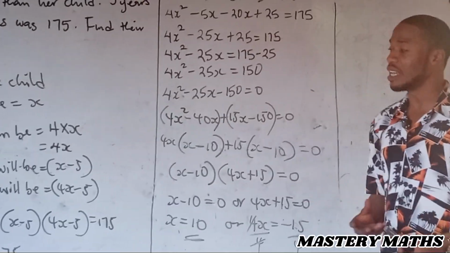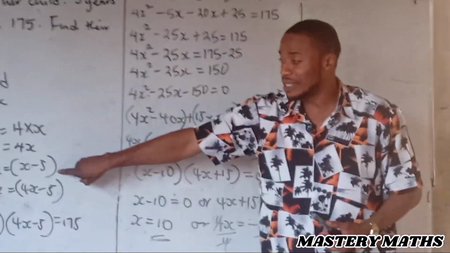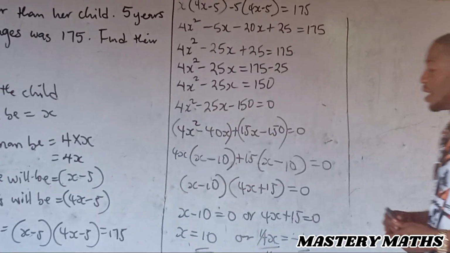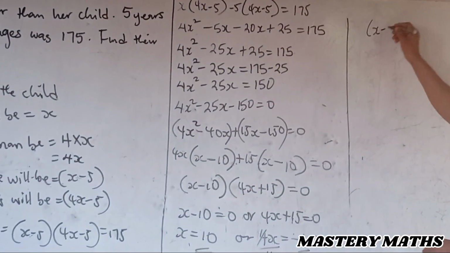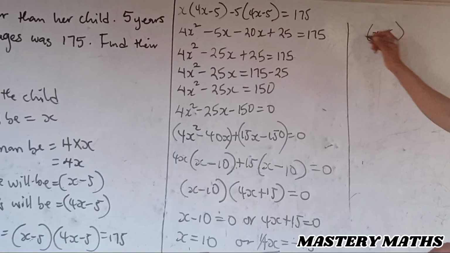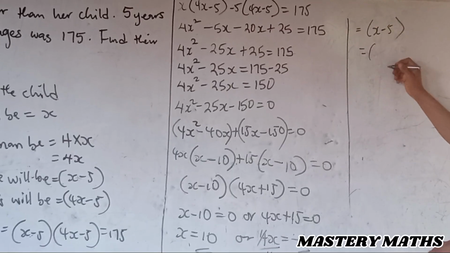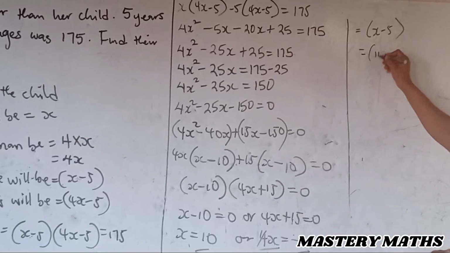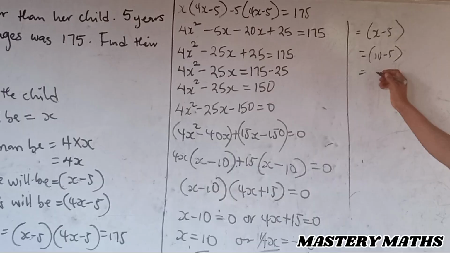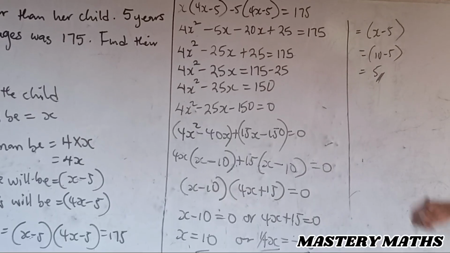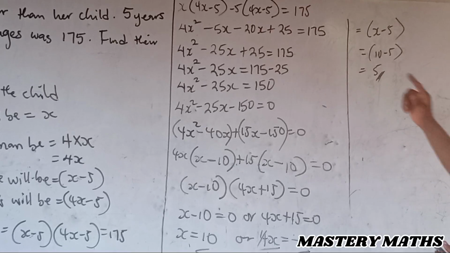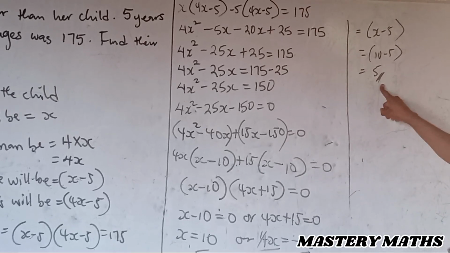Now, in order to get the present age, let's introduce the child's age 5 years ago, which is x minus 5. Remember, we've gotten our x. Our x is 10. 10 minus 5 gives us 5. So the child's present age is 5.